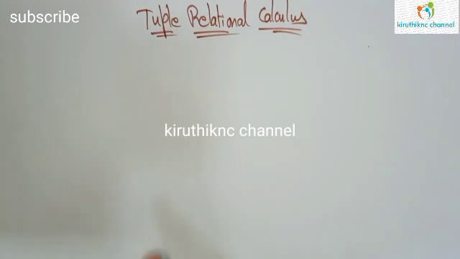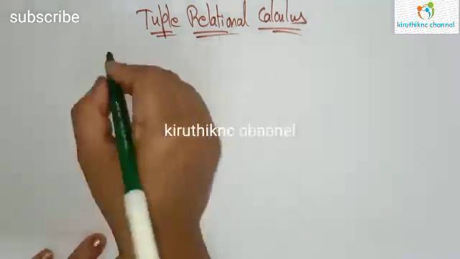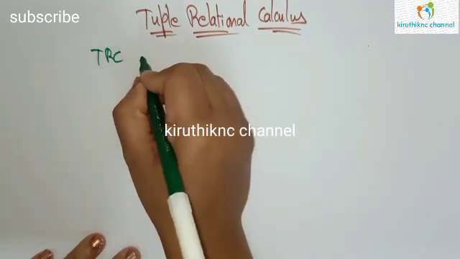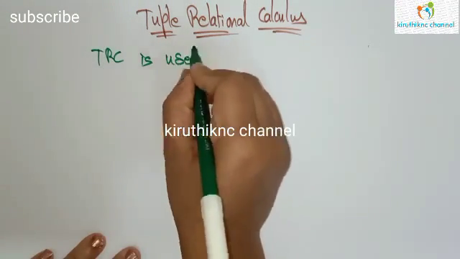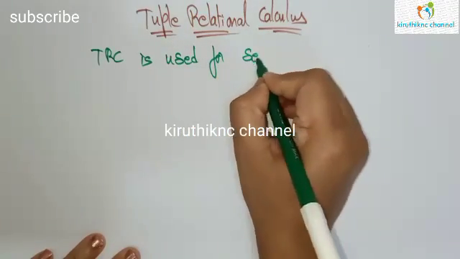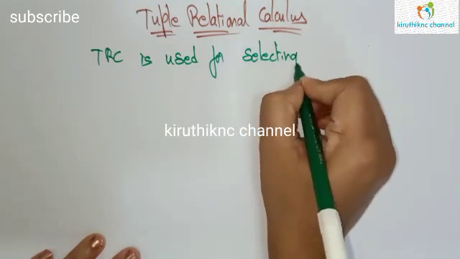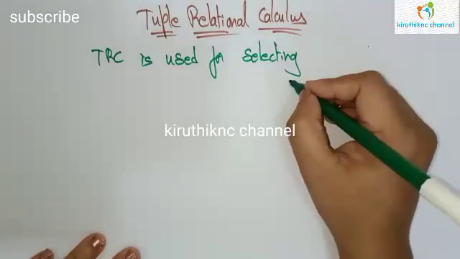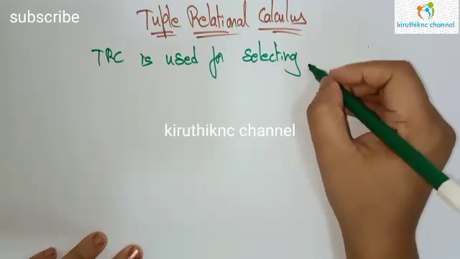Just now I said the tuple relational calculus means a variable ranges over the tuples, just like a structured query language. The tuple relational calculus is used for selecting those tuples that satisfy the condition, right?